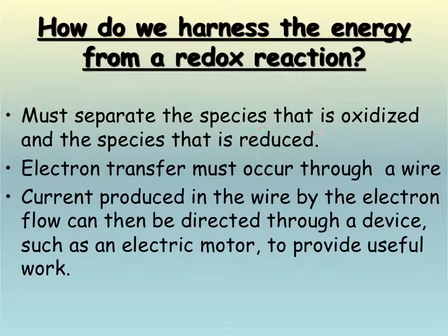Well, you have to separate the species that are being oxidized and the species that are being reduced. So we're forcing the electron transfer between the oxidized and reduced species to travel through a wire. Because the electron is traveling through a wire, it is producing a current, which we can then direct through a device such as an electric motor, which is going to provide us with some useful work. So we're going to basically take our chemical energy and we're going to put it to work.